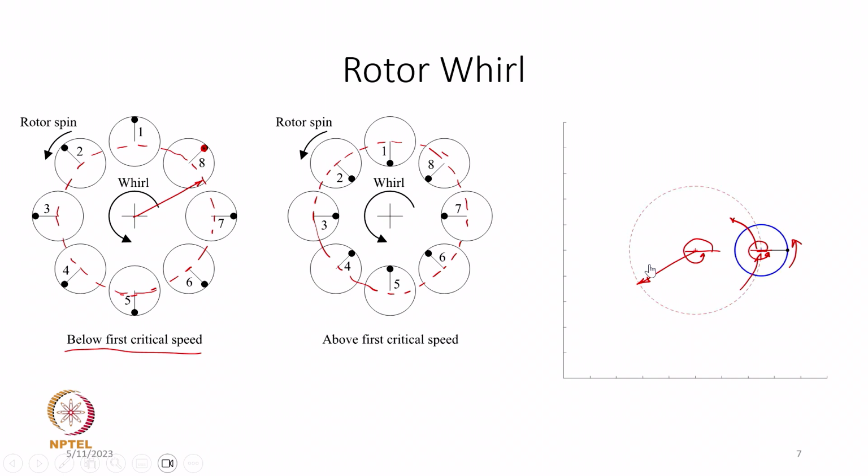Now, what will happen for a motion at supercritical, that means beyond critical, is that this particular point is going to be located all the time inside, and that is how it is going to spin. In this animation, the phase difference is 0, just to illustrate how it works, but you can have some small phase lag or phase difference.